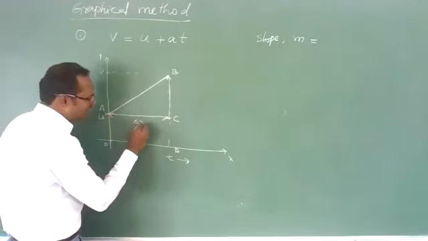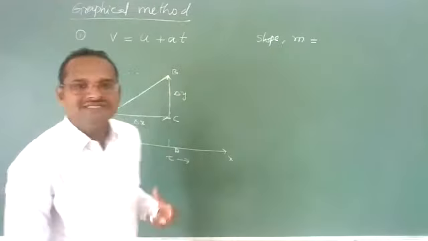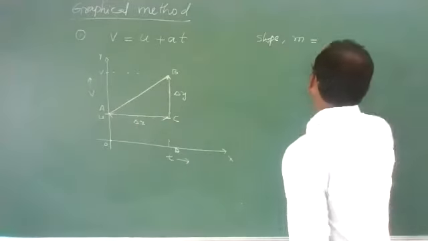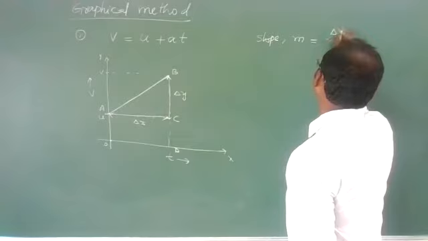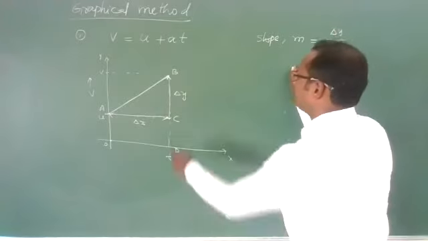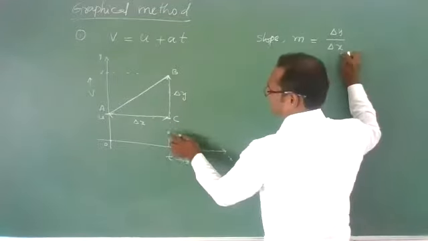This is delta x and this is delta y. The slope is delta y upon delta x, and here it gives the acceleration.